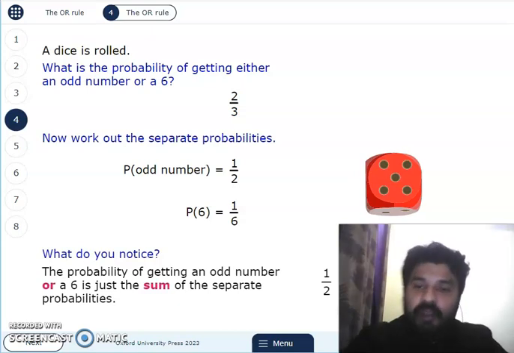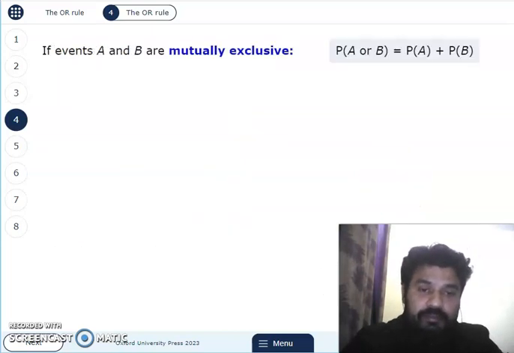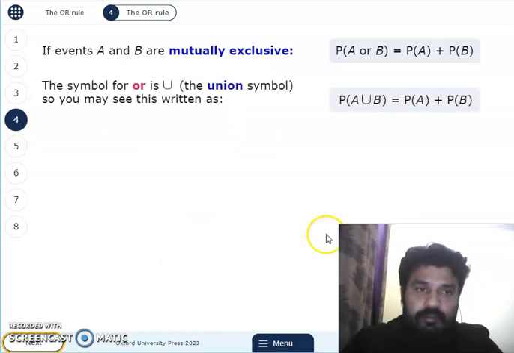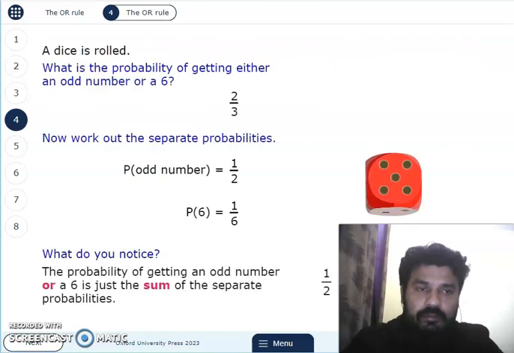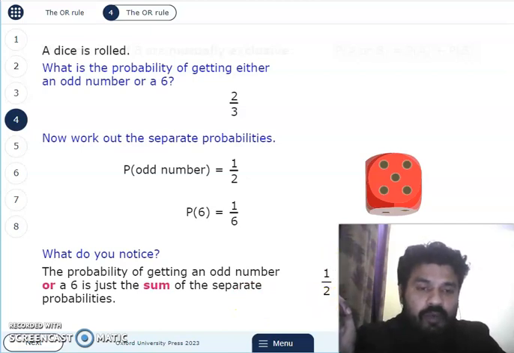The probability of getting an odd number or a 6 is just the sum of the separate probabilities, like 1 upon 2 plus 1 upon 6, that gives you 2 upon 3.